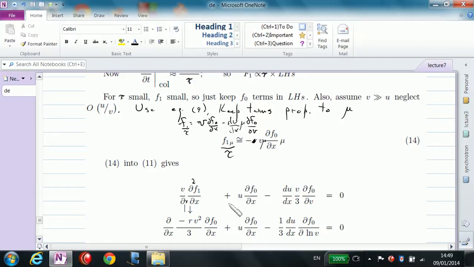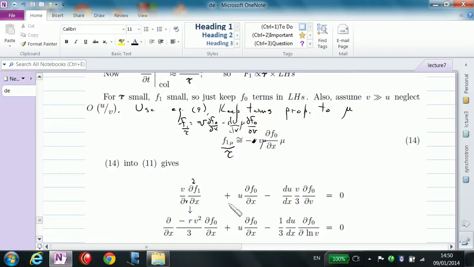If tau is so slow that the gradients in x are large enough, it means that the velocity of the particle can change significantly just by moving into a new neighborhood. I mean, the relative velocity can change just because he moved into a new neighborhood. So he became the richest guy on the block.